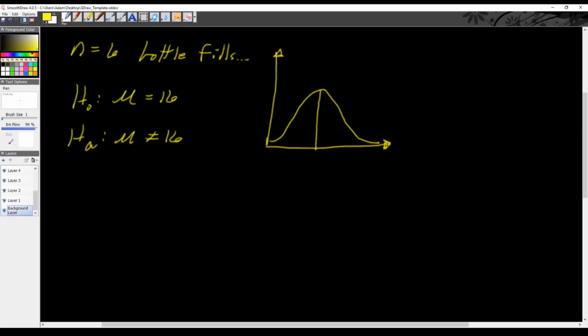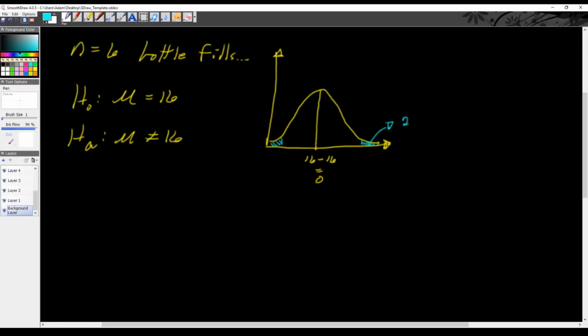So if we temporarily assume that the true mean is 16, then 16 minus this temporarily assumed true value divided by the standard error, whatever it is, s divided by root n, if we assume that the temporarily assumed value is equal to the hypothesized value, we get a 0 for the mean, and we can compare the critical t-value to the calculated t-value, or the normalized value for bottle fills. That's what the calculated t-value is.